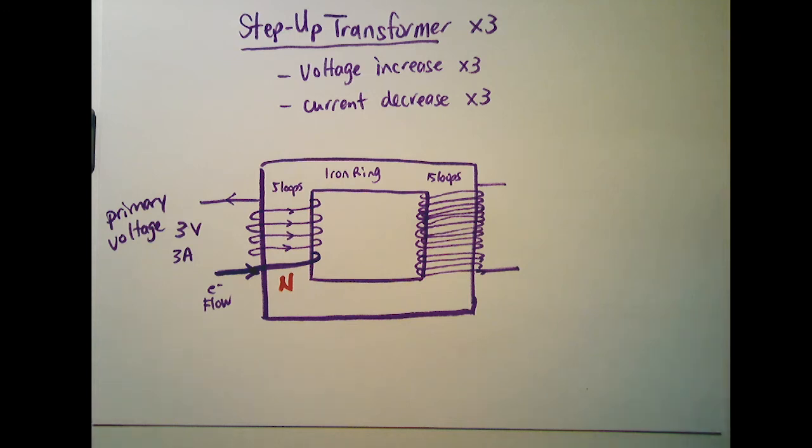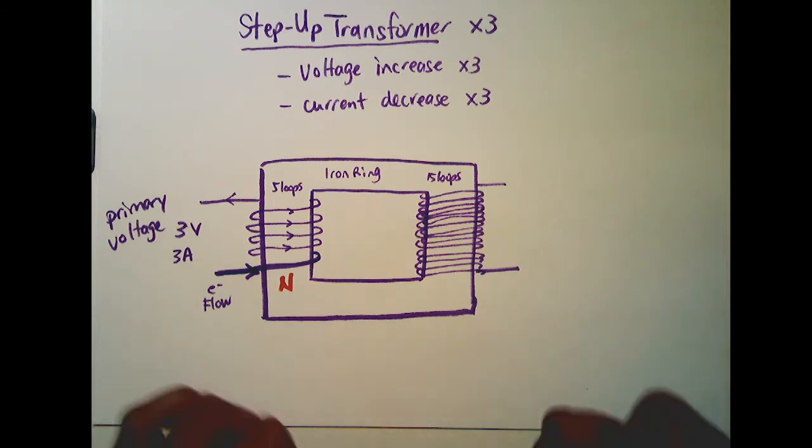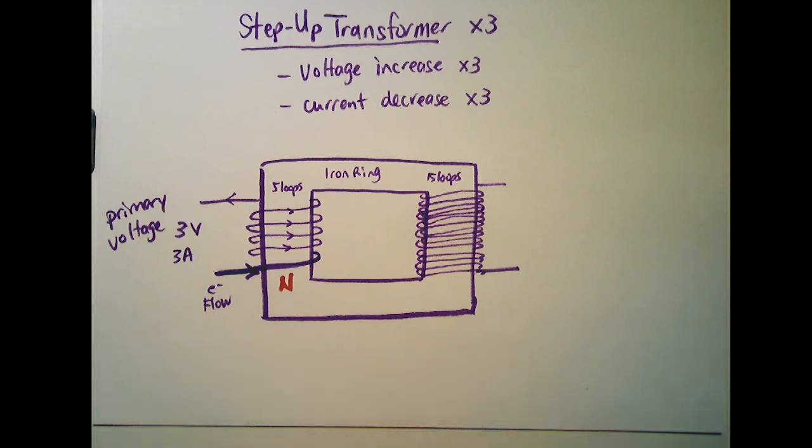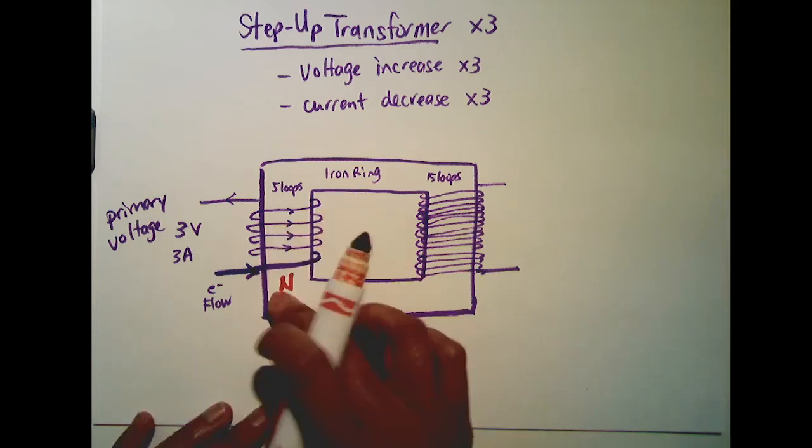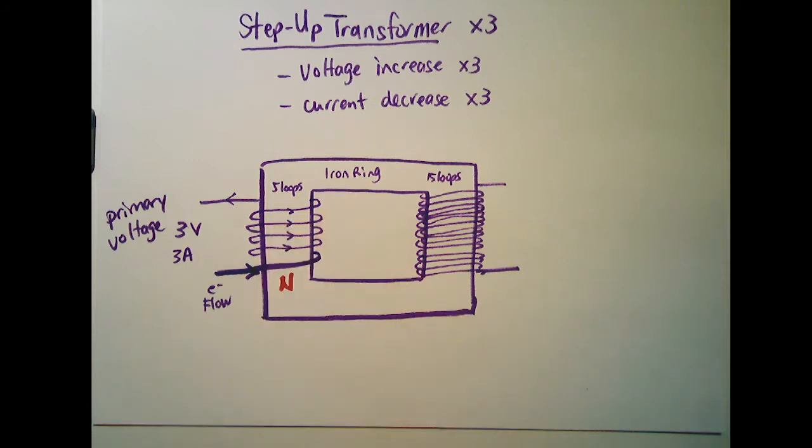Now, how does it work using Lenz's law? Well, basically, you first need AC current, all right? So the current's always going to be changing directions. And that's true for generators because remember in the last video, it changes every half turn. And so let's say this here is a north pole being produced.